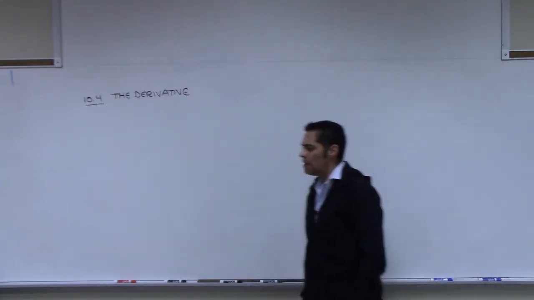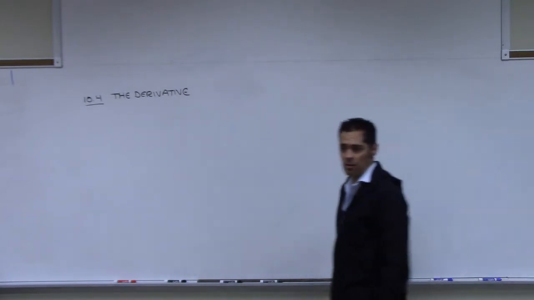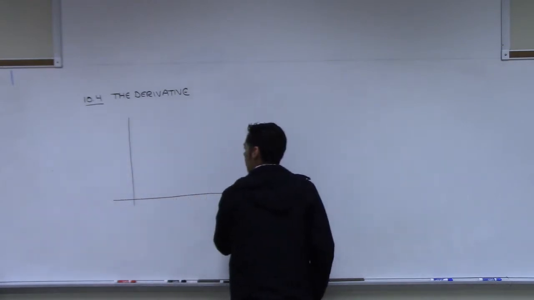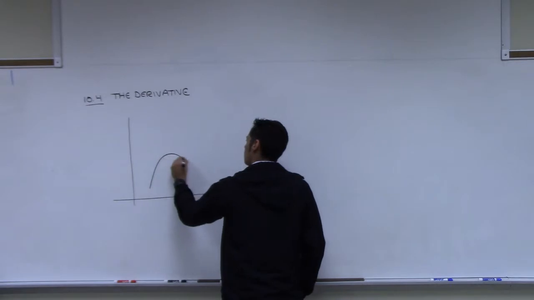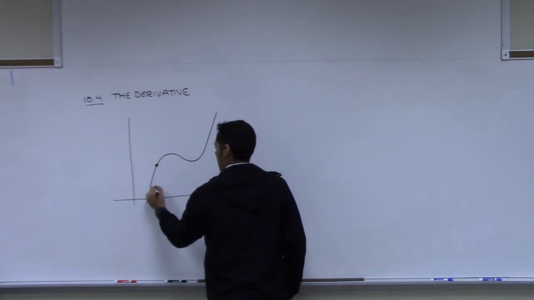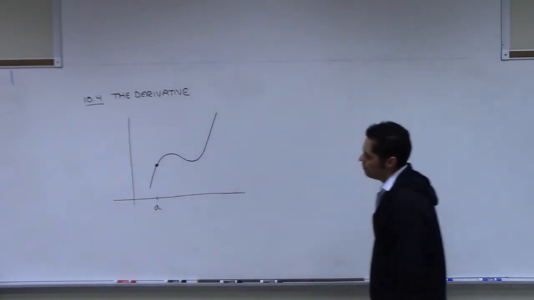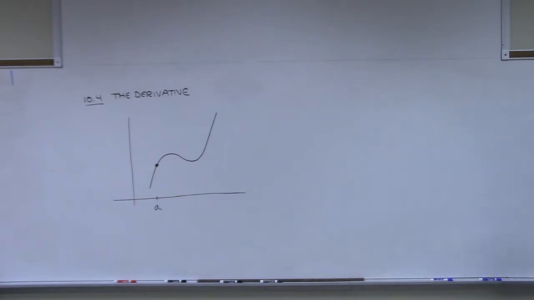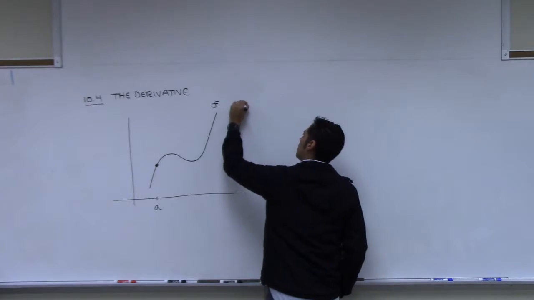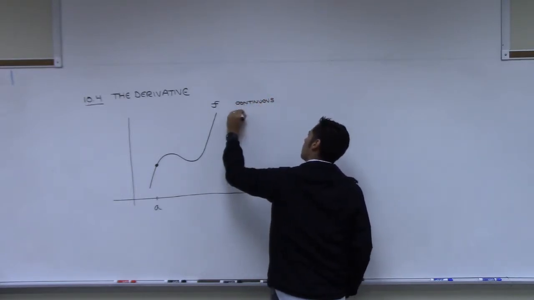And like I've done in the past, I'm going to try and motivate this visually first. And we've actually talked about this already. If we have a graph of a function, and let's call this function f, and let's say it's continuous everywhere.